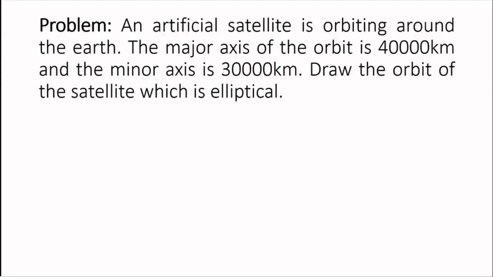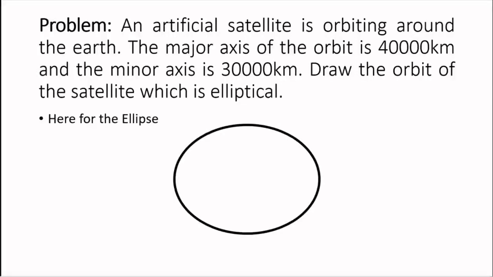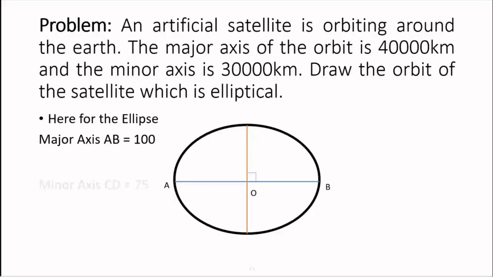So let's see the overview of the problem. We'll be drawing an ellipse by first taking major axis AB equal to 100 mm and finding the center and the perpendicular, about which we'll get the minor axis CD equal to 75 mm.